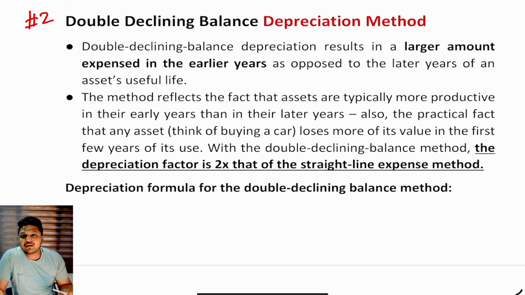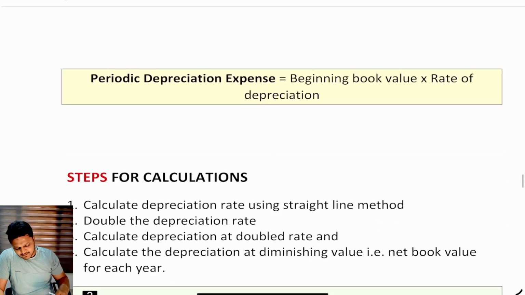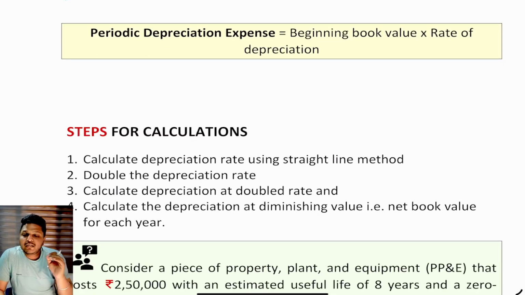The largest amount of depreciation is to be charged in the first few years, and later on this is not to be done, right? So the double declining method of depreciation is actually a combination of the SLM as well as the WDV method, that is the written down value method of depreciation.